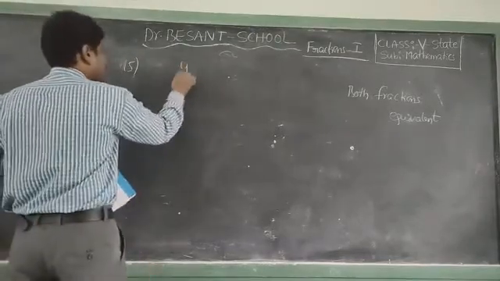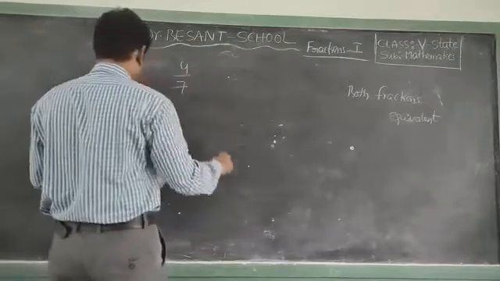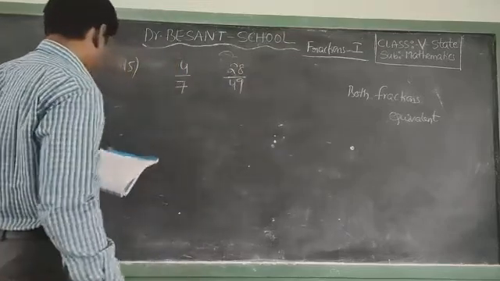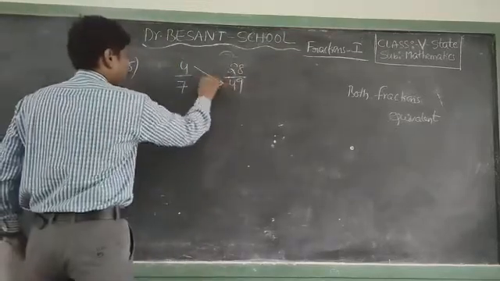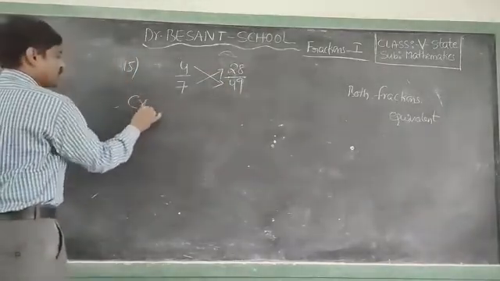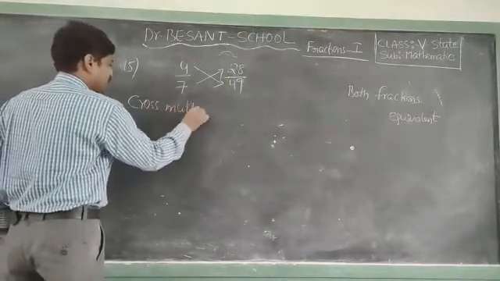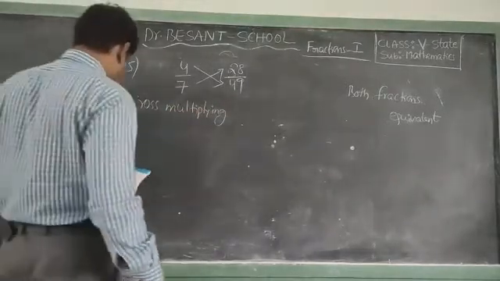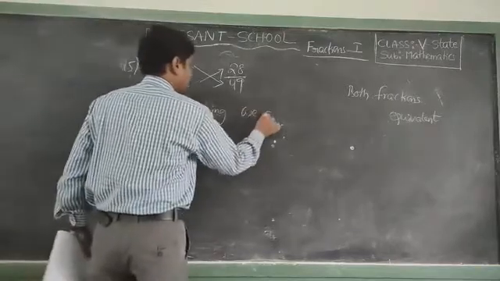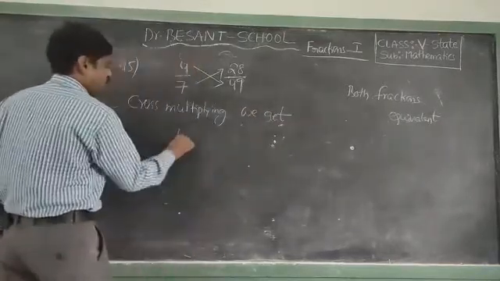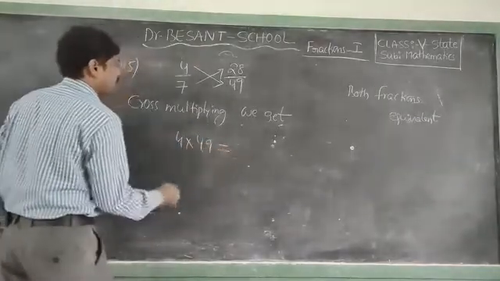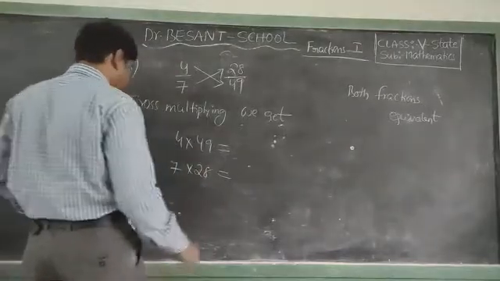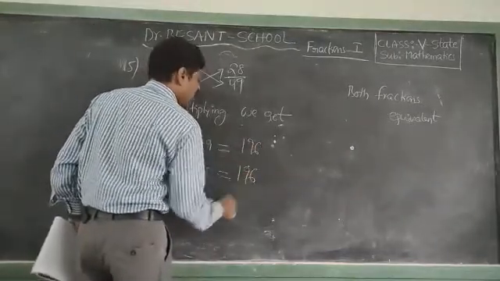4 by 7 and 28 by 49. So cross multiplying, we get 4 into 49 is 196, and 7 into 28 is also 196.